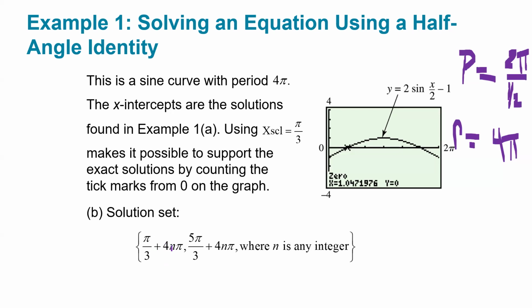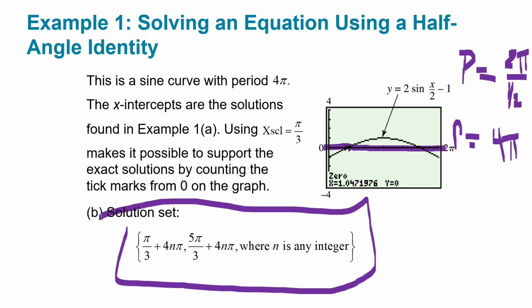I don't know why they wrote 4 pi that way instead of just writing 4 pi like most people do. But every time I go 4 pi, I'm going to have a solution set that satisfies the equation. Every 4 pi, I'm either at a multiple of pi over 3 or a multiple of 5 pi over 3. This is your full solution set.